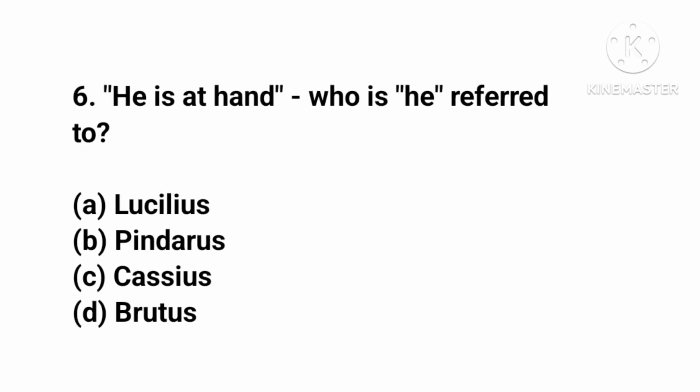Now number 6. He is at hand. Who is he referred to? Option A, Lucilius. Option B, Pindorus. Option C, Cassius. Or option D, Brutus.